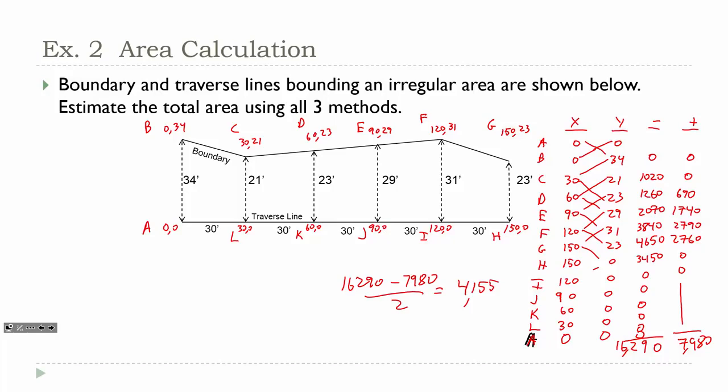What's 150 times 30? 4,500. Okay, so that at least is in a ballpark that seems like it would make sense. Obviously on the exam, they're not going to give you a shape anywhere near this complex if they want you to do the coordinate method. And I'm sure they would give you an option as to which method you want to do.